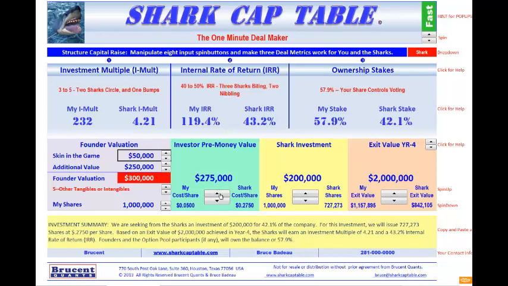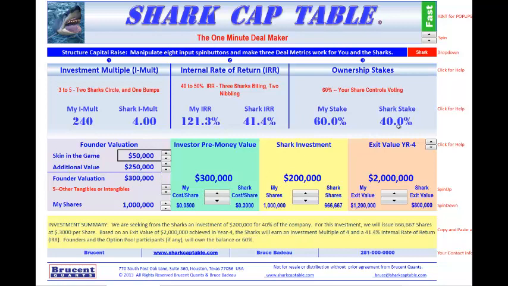Investors understand cash. They don't really understand technology or the ability. So you plunk a lot of cash into a deal and they stand up and look. Well, you know, maybe if you go to 300, you get to the 40. I kind of doubt they'll do that, but let's leave it at that. So you get 200,000. 300,000 pre-money value, which equals your founder valuation, $2 million, and you got a 60-40 deal.